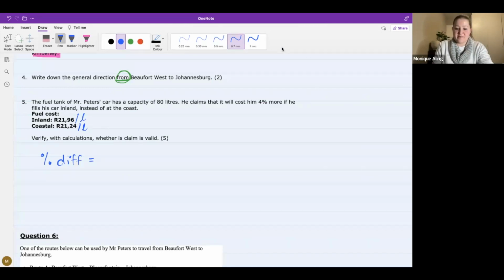Has anyone perhaps got an answer? So we want to figure out the percentage difference between these two prices.